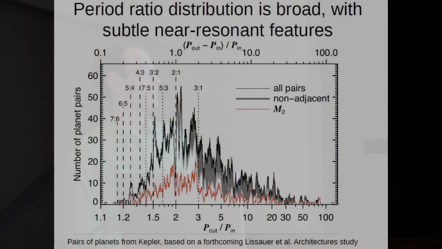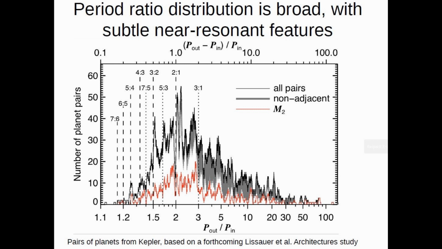All right, so one thing that we can do with this wealth of multiple planet systems is just take a ratio between the periods of the planets. And that's what's done in this plot. It's not quite a histogram, for the aficionados. It's called a kernel density estimator, KDE, but it's like a histogram. So you have peaks telling you how many planets there are within a certain bandwidth at all of these locations.